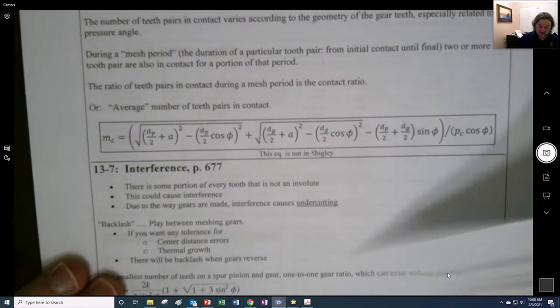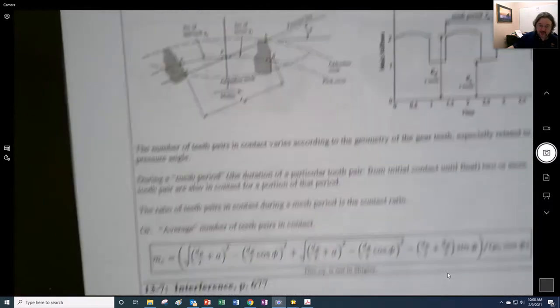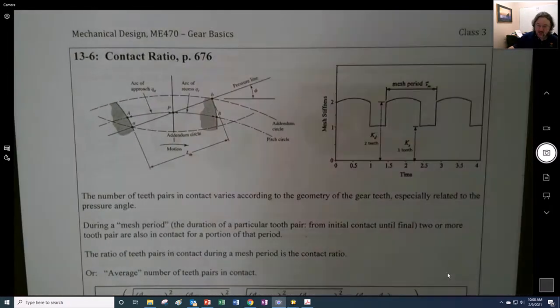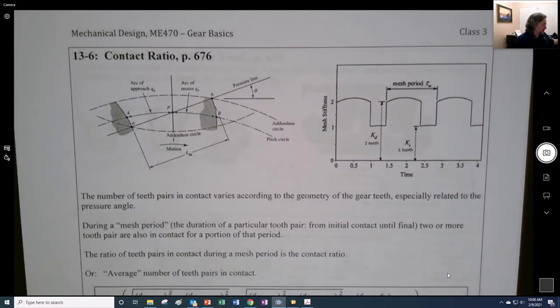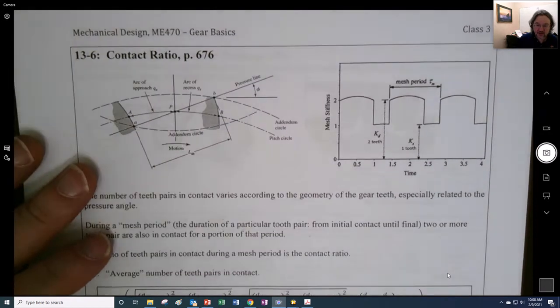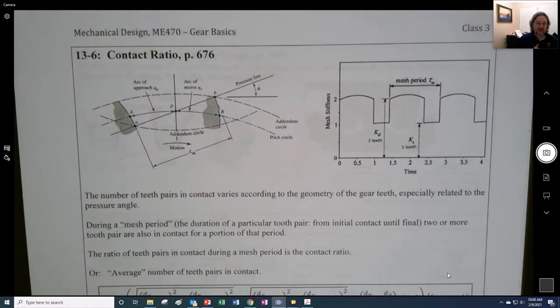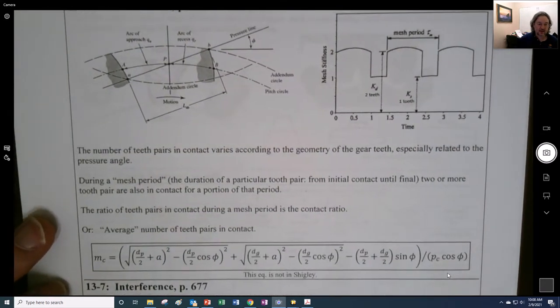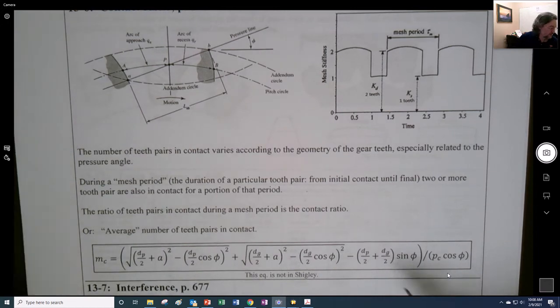Okay, so I guess I'm going to continue with this. Other traits that are important to us, one is the contact ratio, right? So this is a function of many things. I went ahead and found an equation from another textbook.